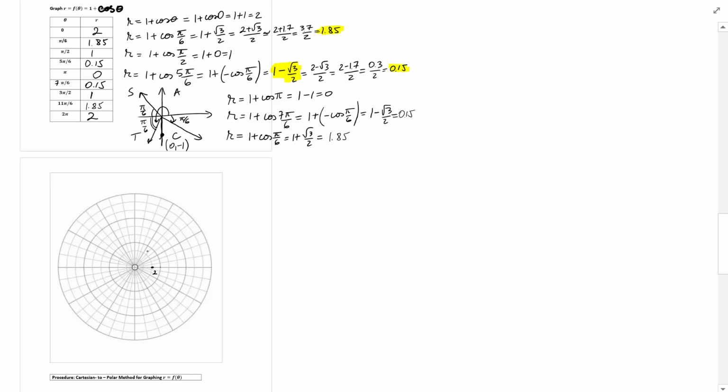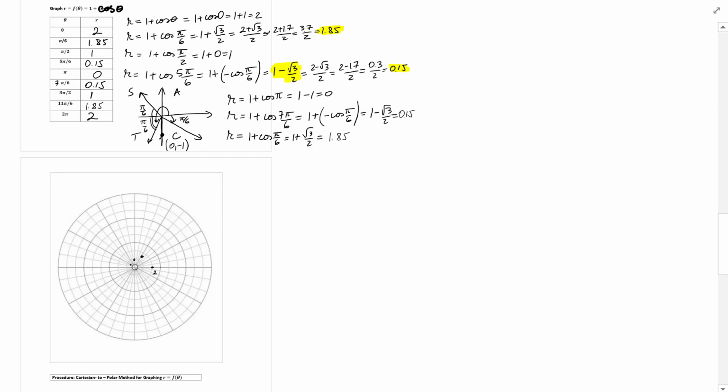So pi over 6 would be here, and 1.85 would be here. Then for pi over 2, it's 1. For 5 pi over 6, it would be 0.15, so that's closer to the origin.